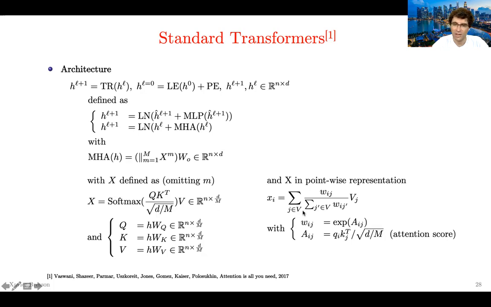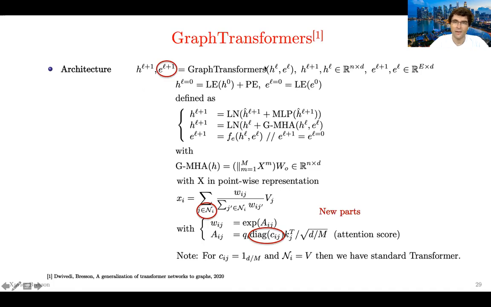So this is in matrix representation. If you look at it in a pointwise representation, basically you're going to have w_ij, the weight score, and the weight score is going to be the exponential of the attention score, and the attention score is going to be the inner product between the key and the query. We introduced GraphTransformer with the idea of consistency with the standard transformer, as I'm going to show you here.